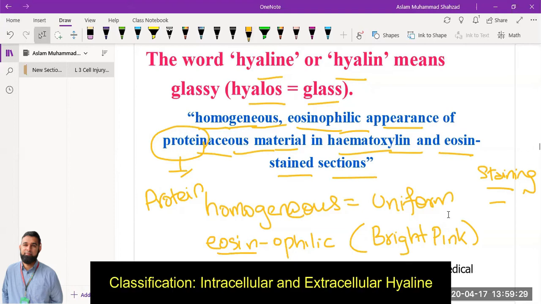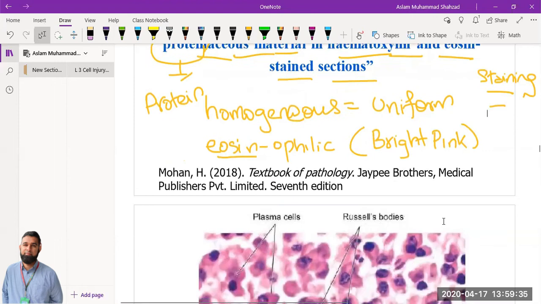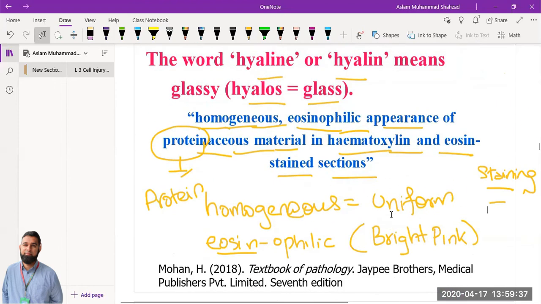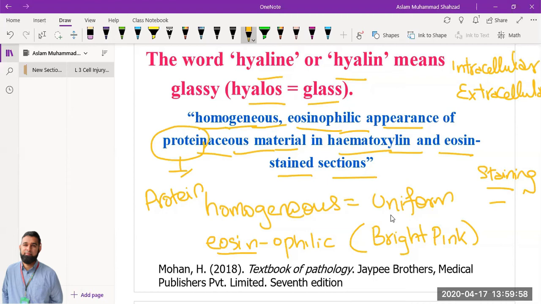It could be classified into intracellular and extracellular hyaline. We can classify them into two parts: one is intracellular, the other one is extracellular.